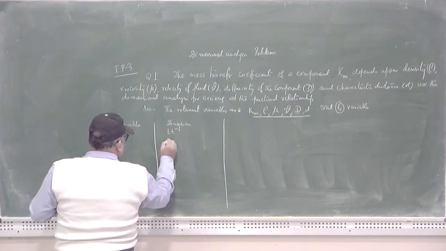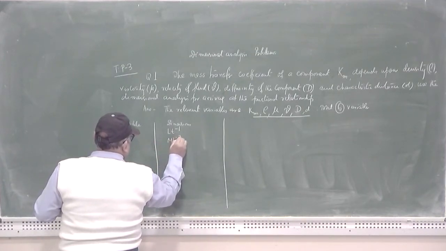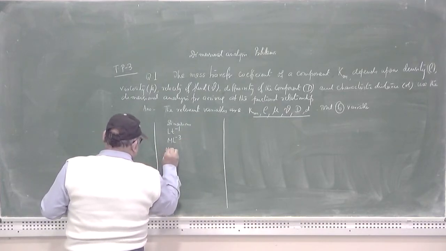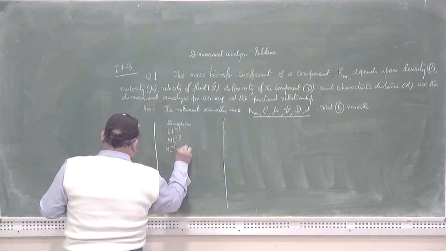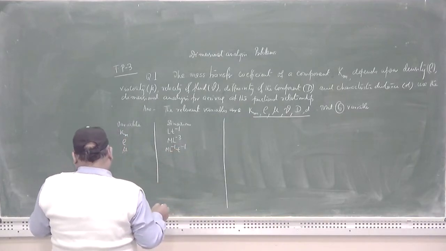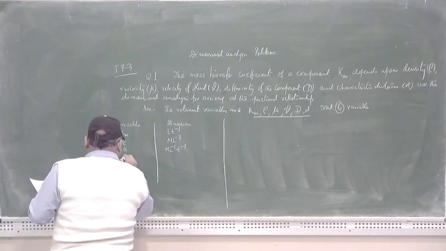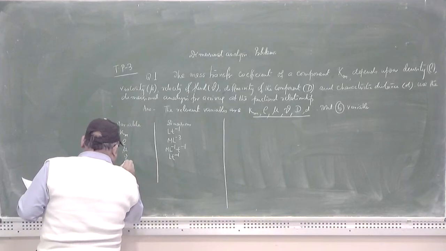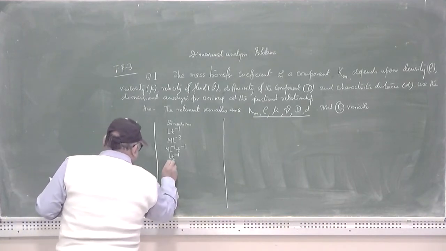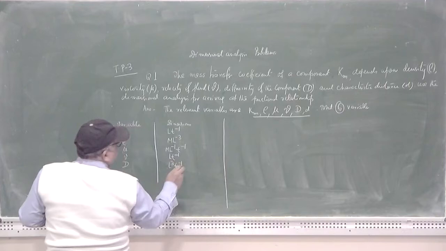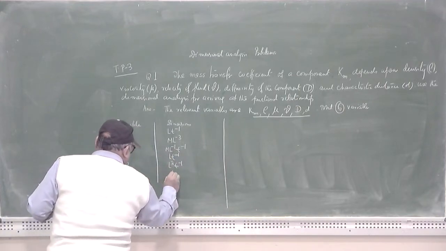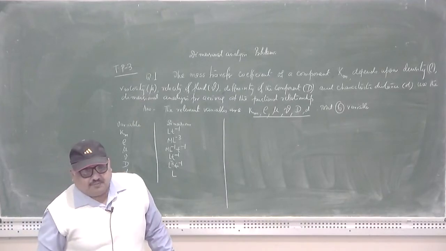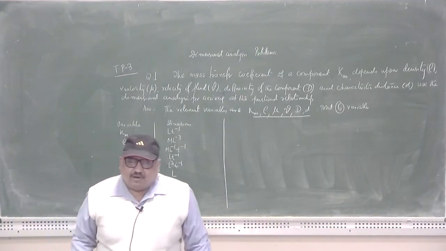Second is the density, with dimension m L raised to the power minus 3; mu, the coefficient of viscosity, m L raised to the power minus 1 t raised to the power minus 1; v, the velocity, L t raised to the power minus 1; D, the diffusivity, with dimension L square t to the power minus 1; and the characteristic distance, which must have the dimension of length. So, these are the dimensions of all the relevant variables associated with the present problem.